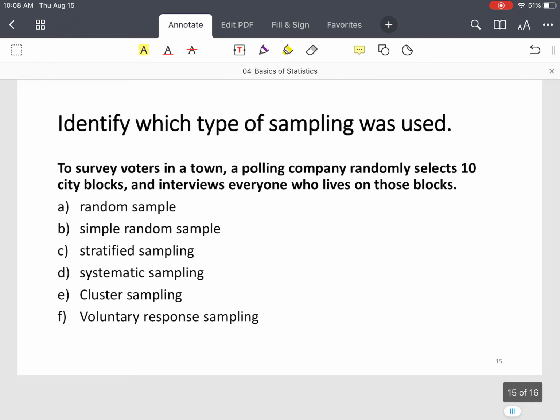And then this next one, to survey voters in the town, a polling company randomly selects 10 city blocks and interviews everyone who lives in those blocks. Okay, so now you've got 10 blocks, and then you're interviewing everybody in it. That's cluster because you separated your population into clusters, or these groups.